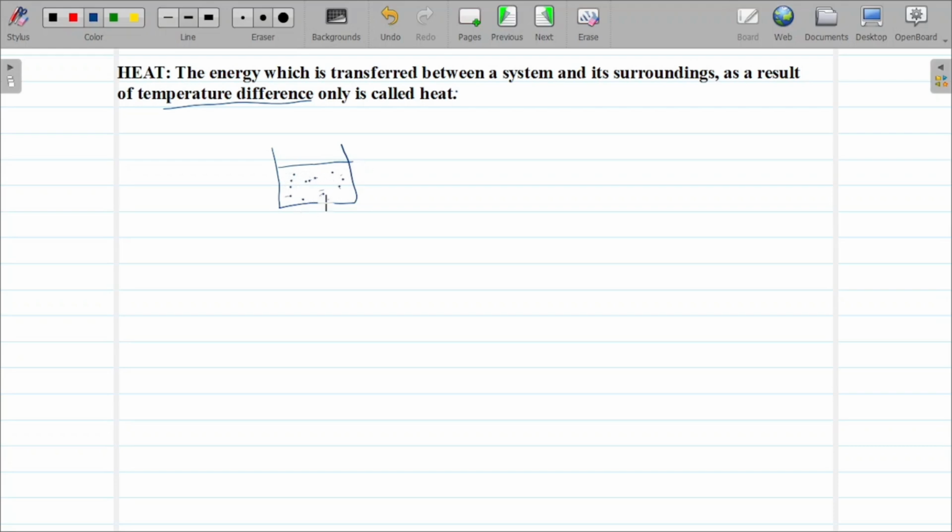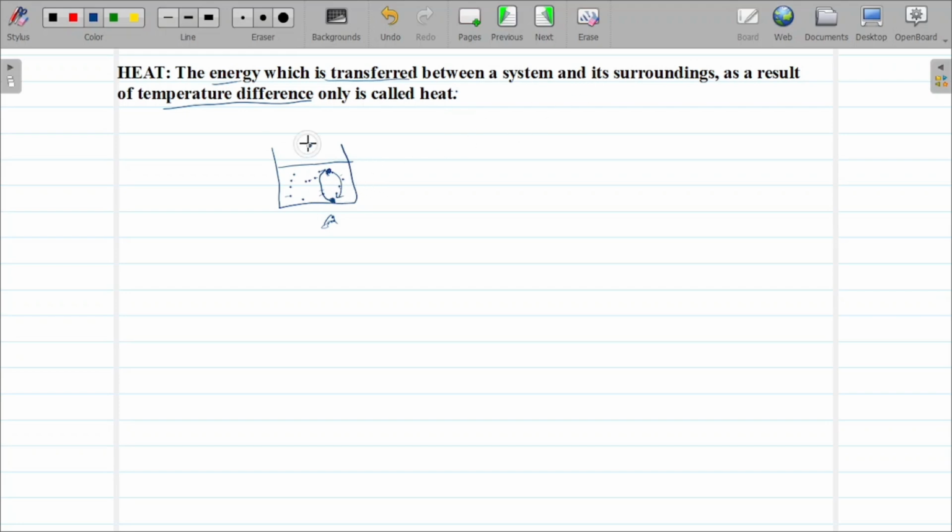Now there is one molecule here. I put fire here. Then this molecule gets heated, gets hot. After that, this molecule goes there and that molecule comes. It is exchanged. So what is being exchanged? Energy is being exchanged. That's what is meant by energy transferred between a system and its surroundings.